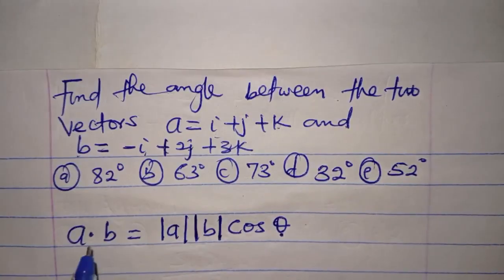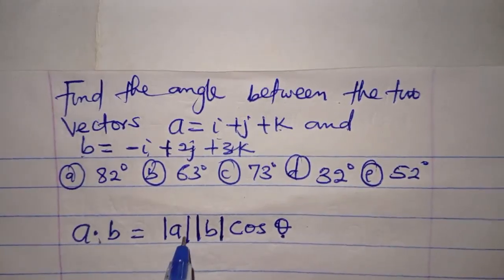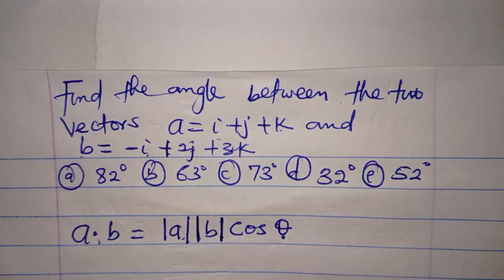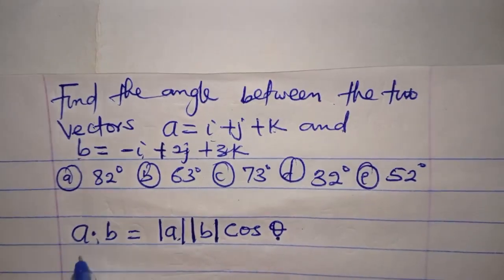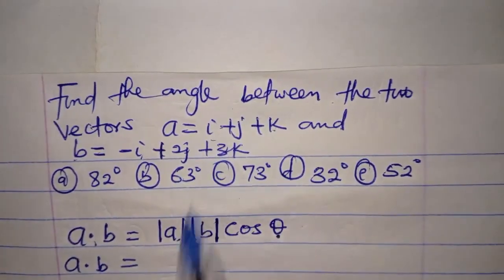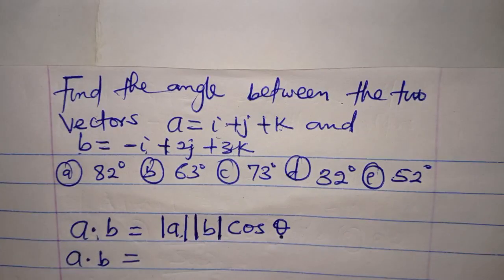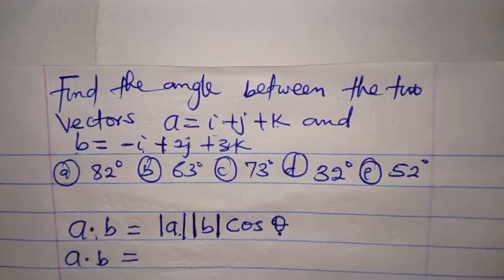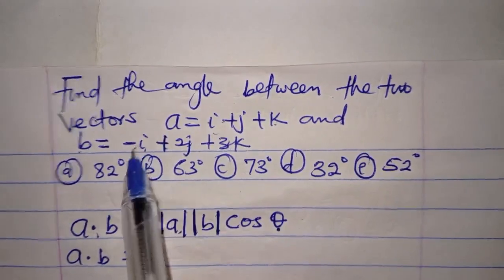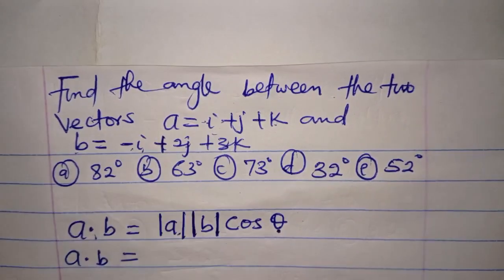Now, what is a dot b? What is the modulus of a and what is the modulus of b? So let us determine a dot b. A dot b, which is the dot or the scalar product of the two vectors, is this. We multiply corresponding coefficients. The coefficient of i here is 1 and here is minus 1. 1 times minus 1 is minus 1.